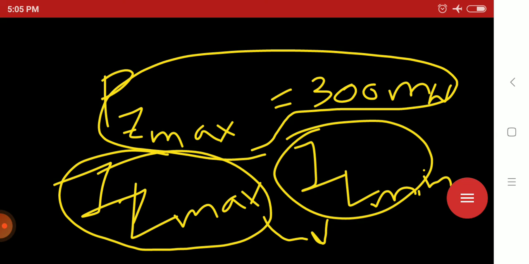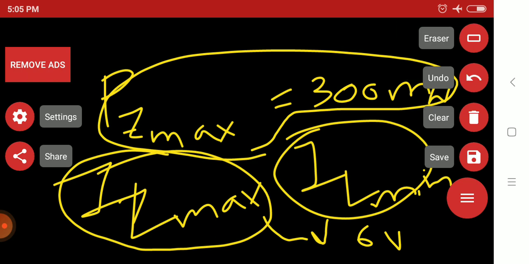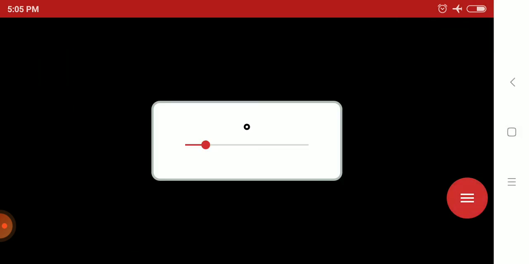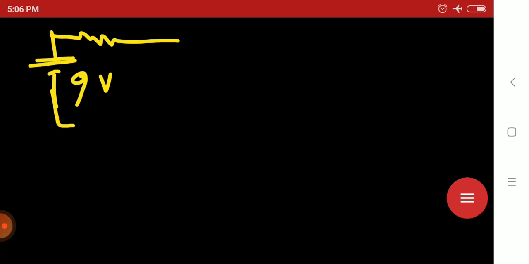So let's start the discussion. Let's start drawing the circuit again. Here is the 9-volt battery, the output is V0, and here the 50 ohm resistance.